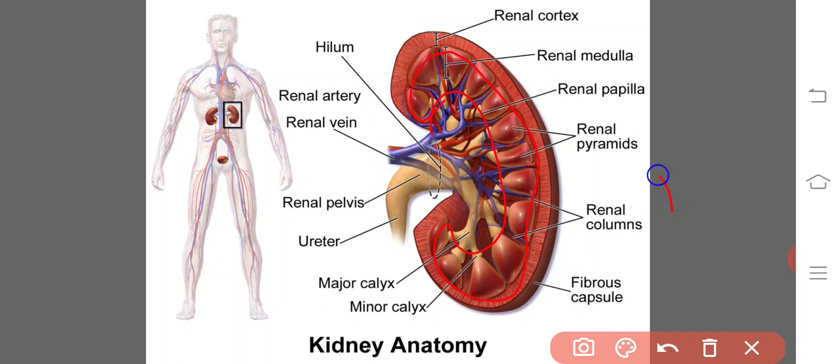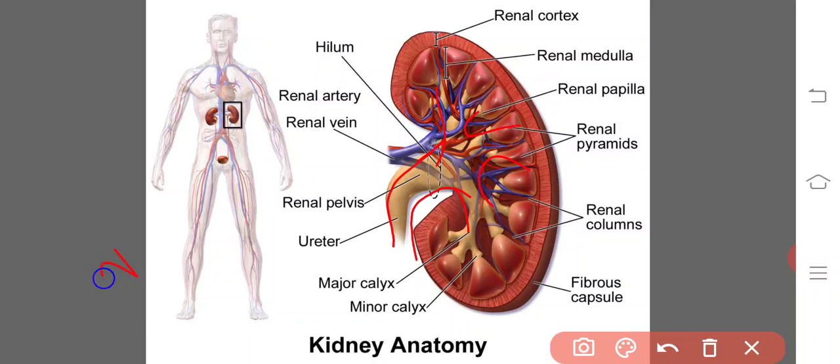There are about 8 to 15 renal pyramids. If you observe here, the ureter enters the kidney through the hilus and forms a funnel shaped structure.